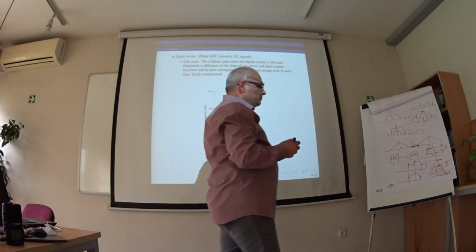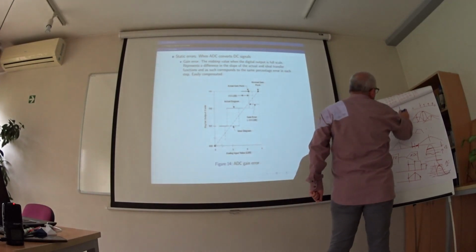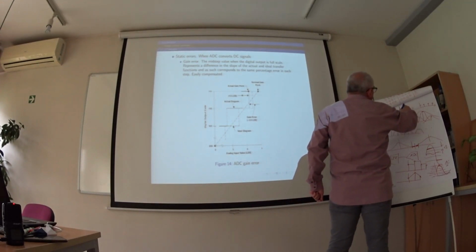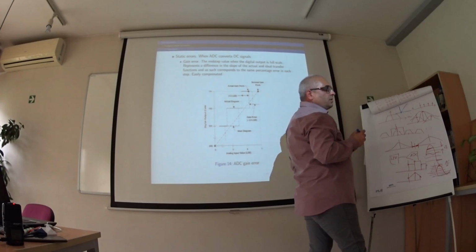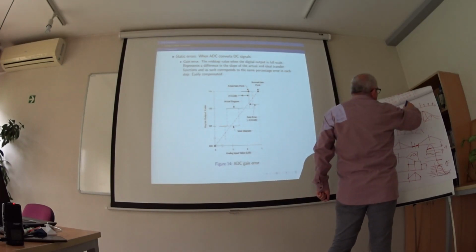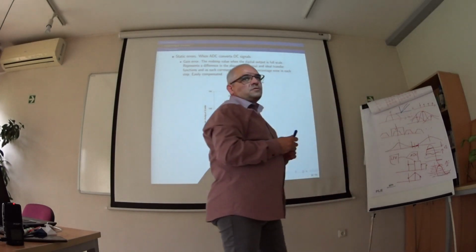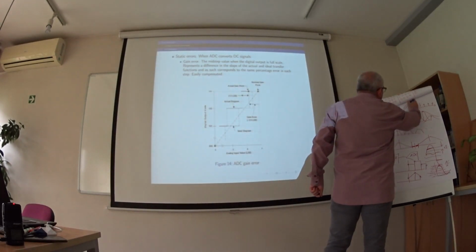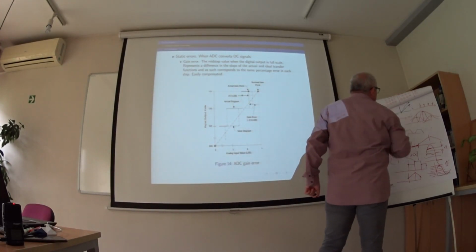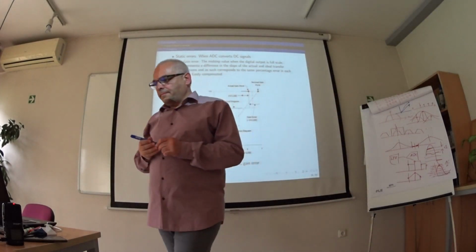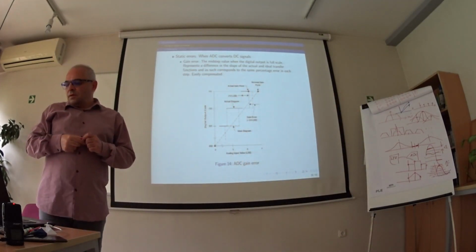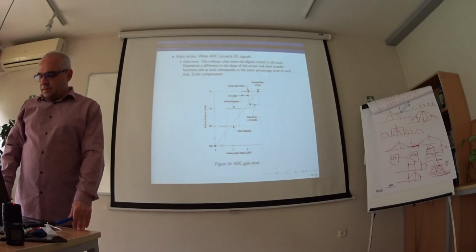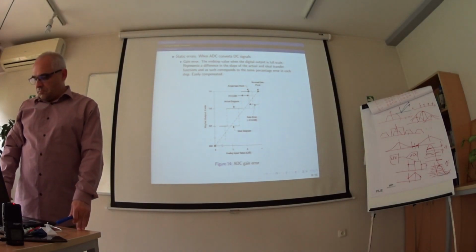If our ideal is something like this, with gain error we have a different slope. Here is the gain error. Offset and gain, this type of error is also very easy to remove.